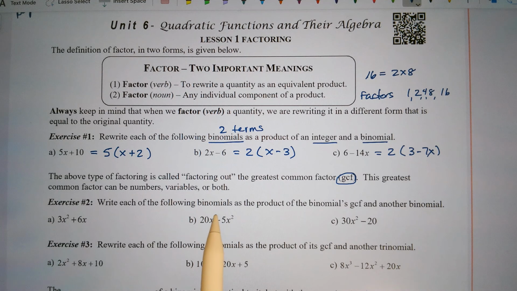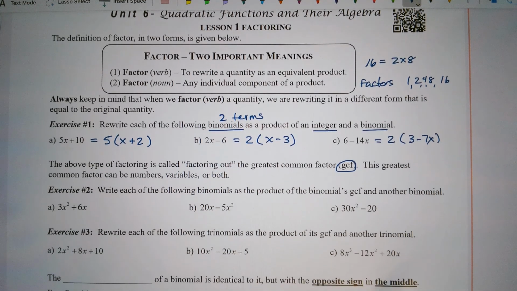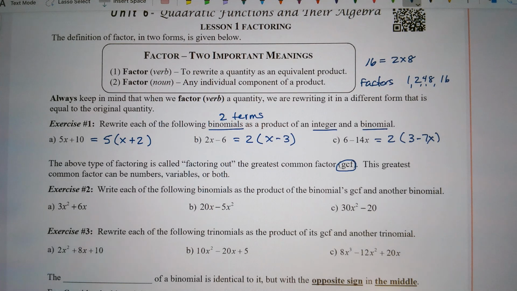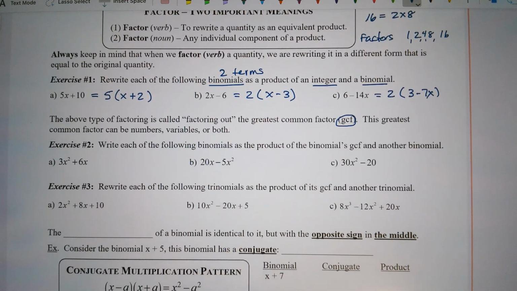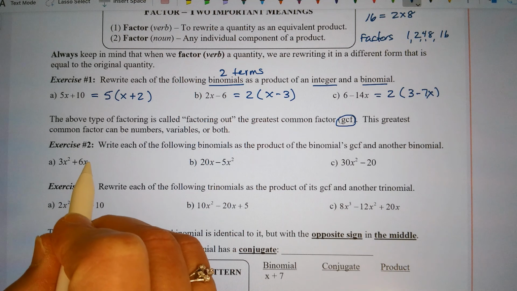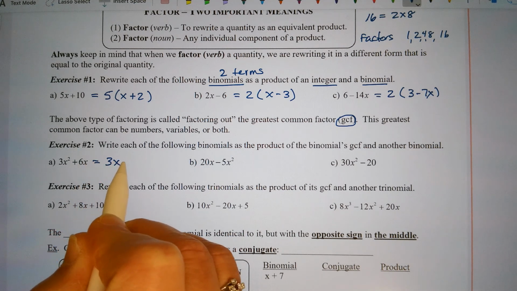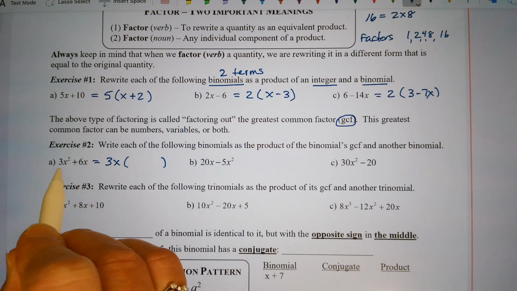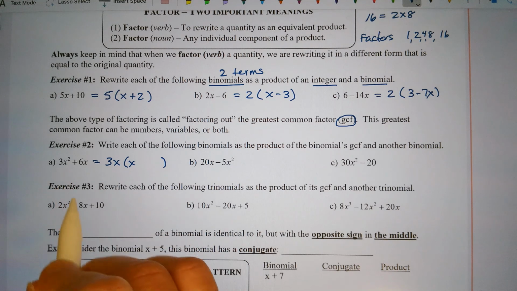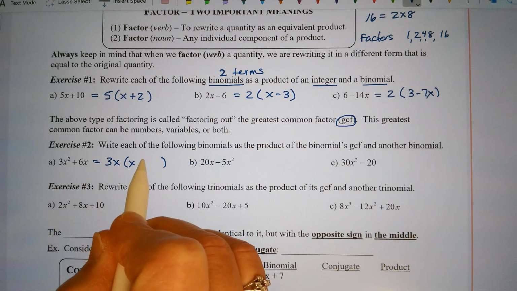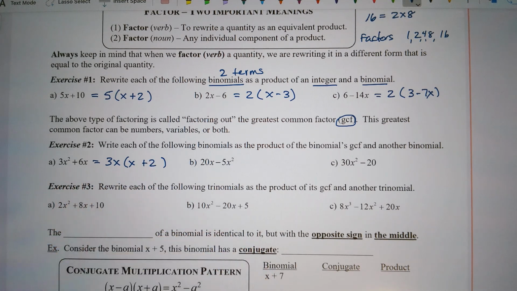Write each of the following binomials as a product of a binomial's GCF and another binomial. 3x squared plus 6x, what is common to both of these terms is 3x. That's the greatest common factor. Factor out 3x. 3x times x would result in 3x squared, and 3x times positive 2 would result in positive 6x.